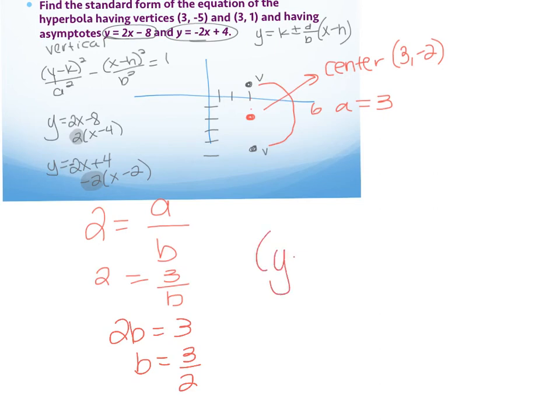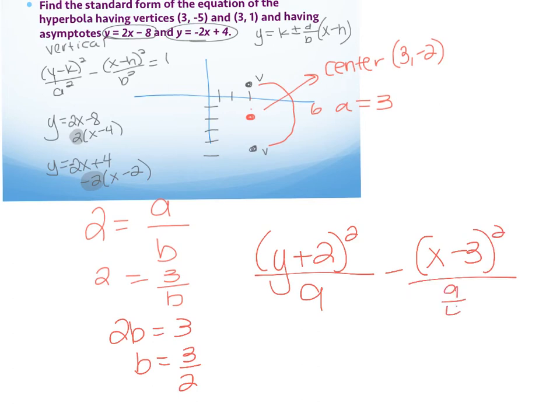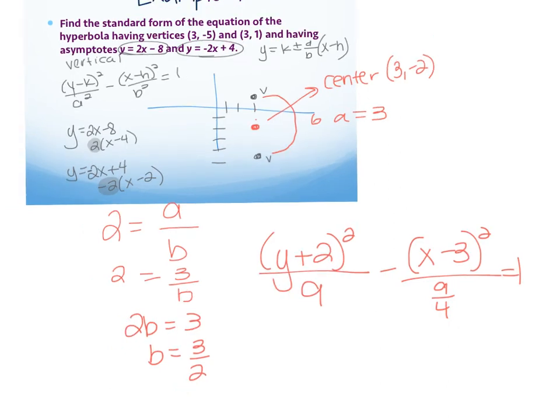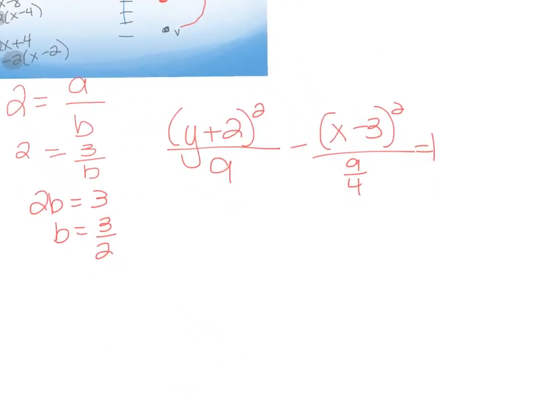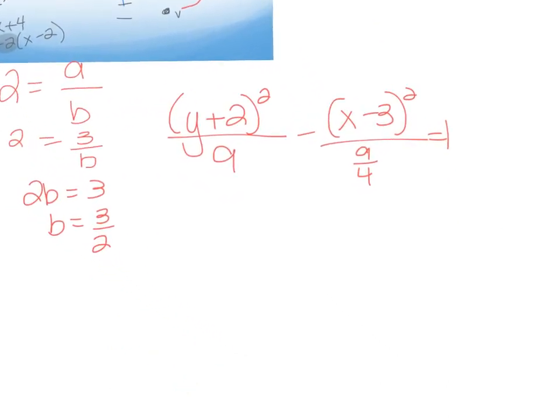So it is y minus a negative 2 becomes plus 2, squared over a squared. a is 3, so this is 9. Minus x minus the h, which is 3, squared over the b squared. 3 halves squared would be 9/4, equals 1. Can you leave a fraction in a denominator? No. So dividing by 9/4 is the same thing as what?